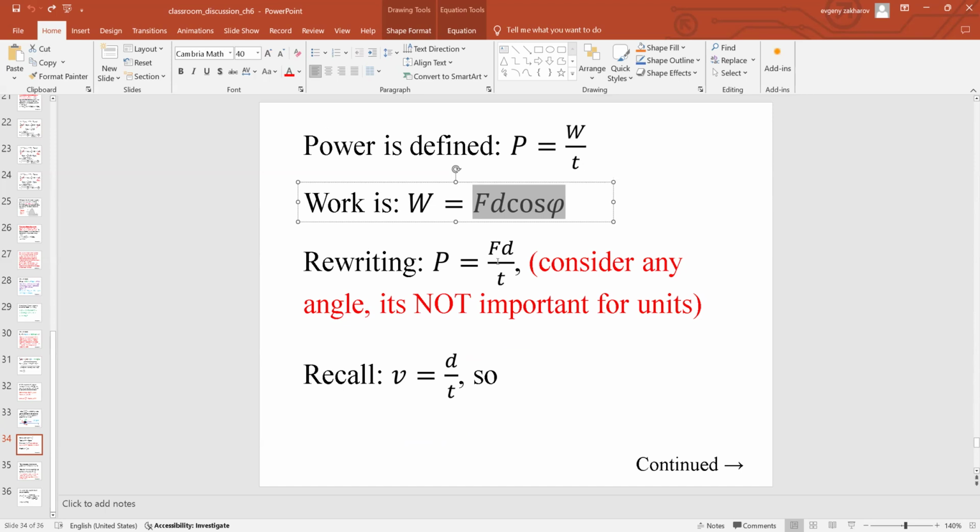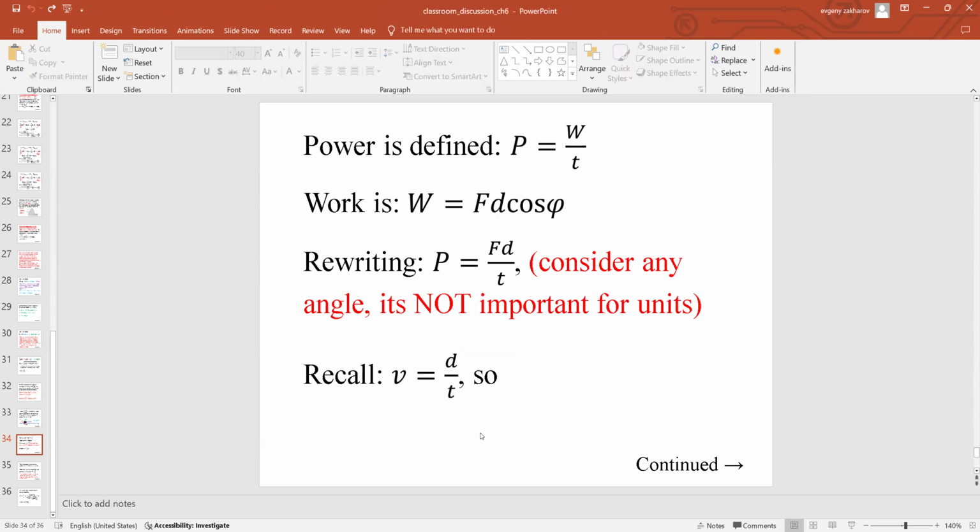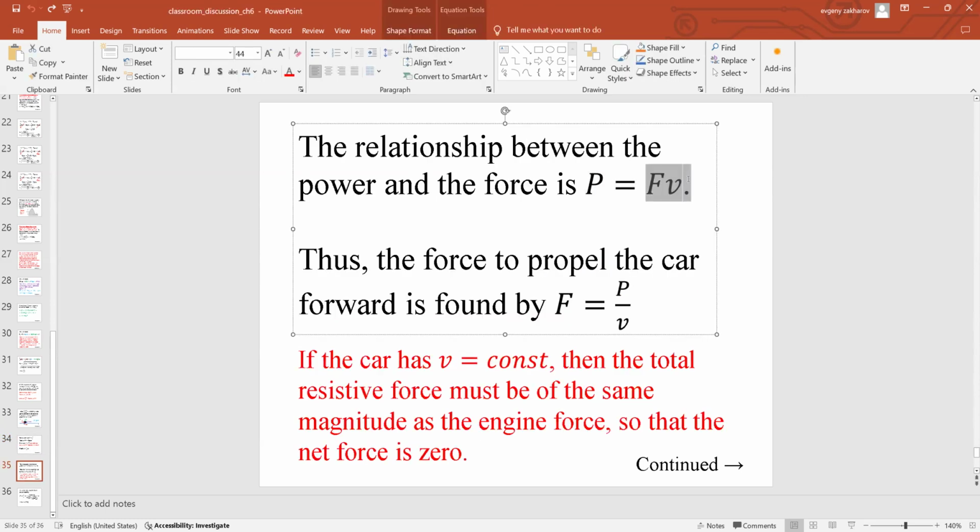And what is displacement over time? It's velocity. So instead of force, displacement, and time, you can say it's just force times velocity. So your instantaneous power at any moment of time is just the net force that you have and the velocity, how fast you go in a certain direction.